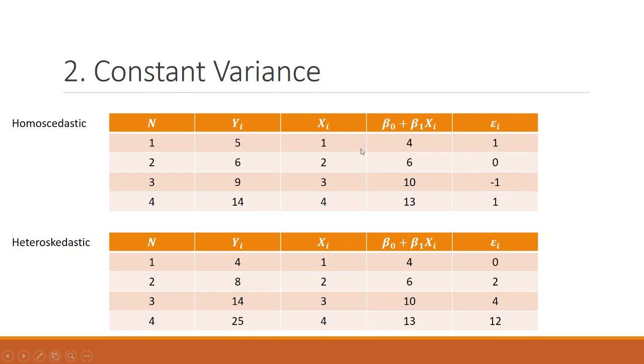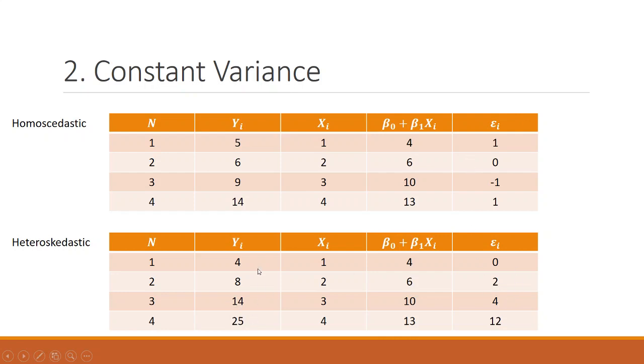So when x equals 1, the mean is 0, and the variance is probably somewhere around 1. It's probably like a standard normal distribution. And that remains the same for all 4 individuals. They all have very similar values. It'd be reasonable to think they have the same amount of variance in the error term. So this is what homoskedasticity would look like.